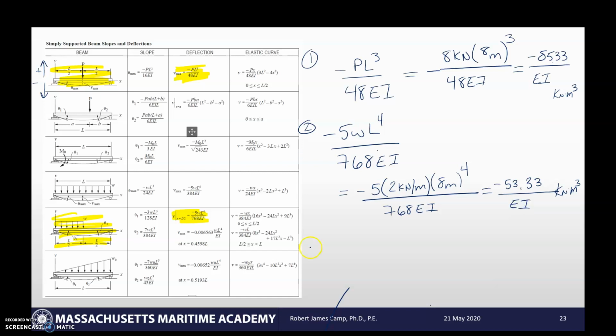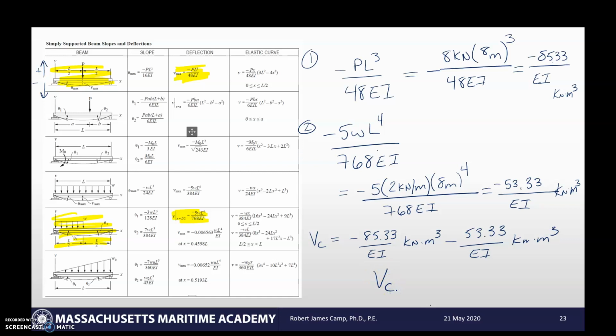Okay, so how do I find the vertical displacement at C? I just take those two and add them together. So situation 1 is negative 85.33 over EI, kilonewtons meter cubed, minus 53.33 divided by EI, kilonewtons meter cubed.